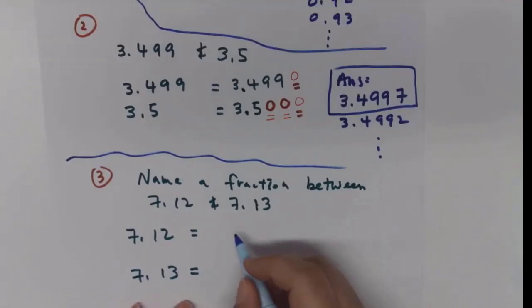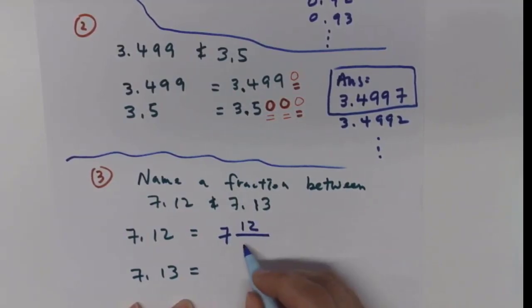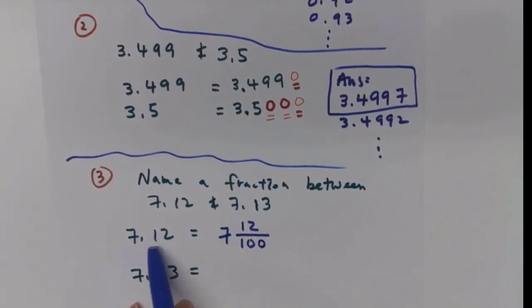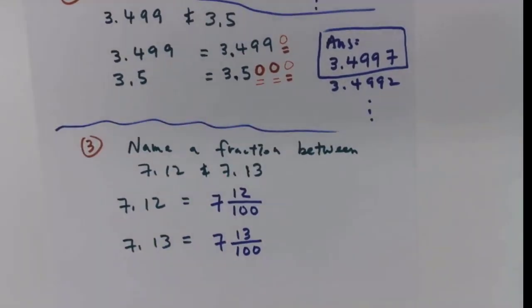How? The first one is what? You have 7 as your whole. 12 is your numerator. You have 12 out of, how did you know it's 12 out of 100? Because it's 10 and 100 place, right? And the next fraction is going to be 7 and 13 over 100 because it's in 100 place. How do I find a fraction between them?